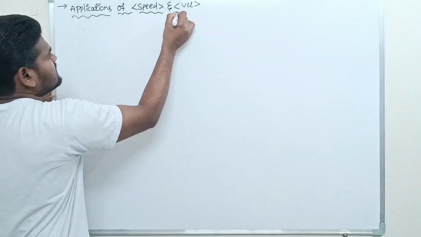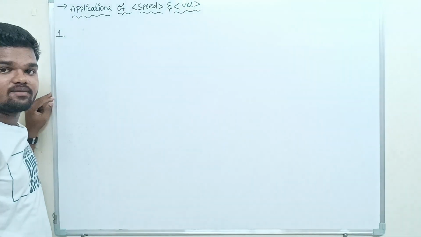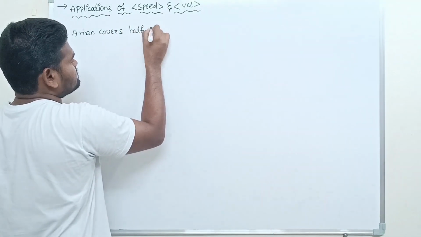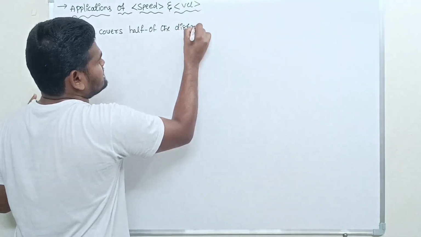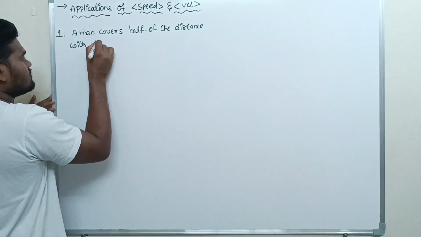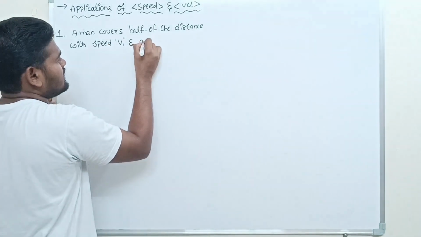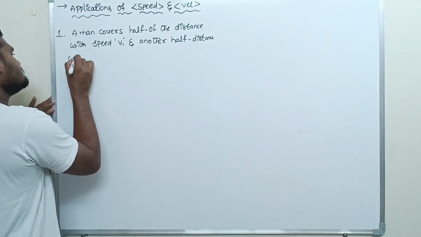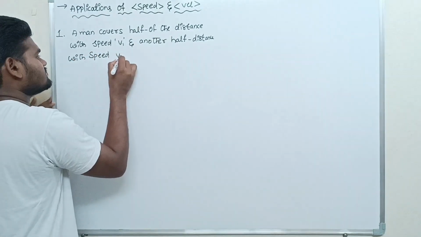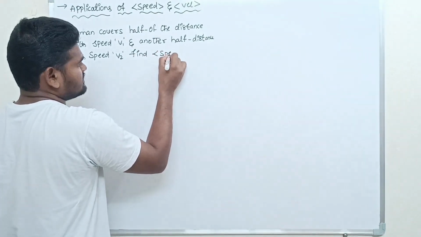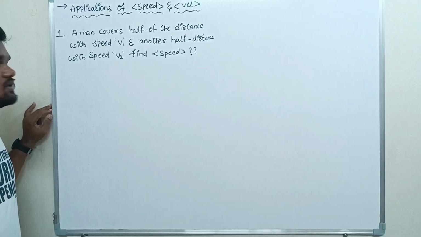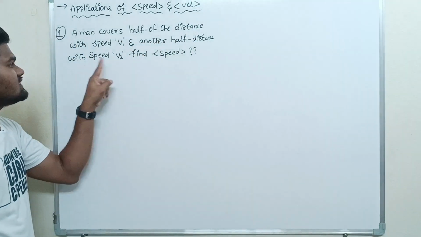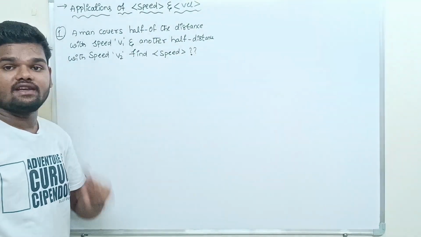The first application: a man covers half of the distance with a speed v1 and another half of the distance with a speed v2. Find the average speed. What is he asking? He is asking to find the average speed.